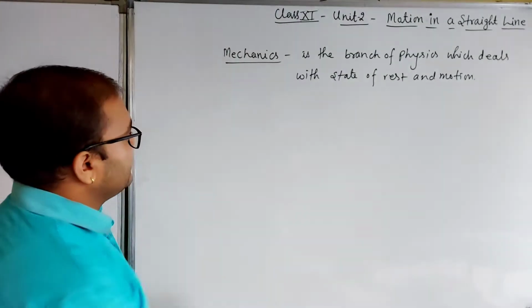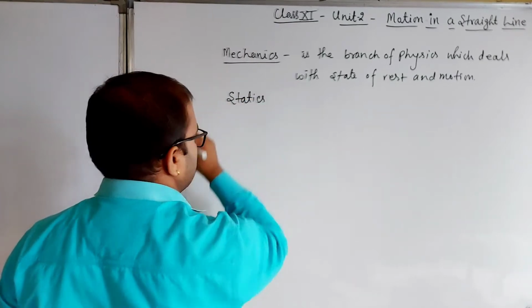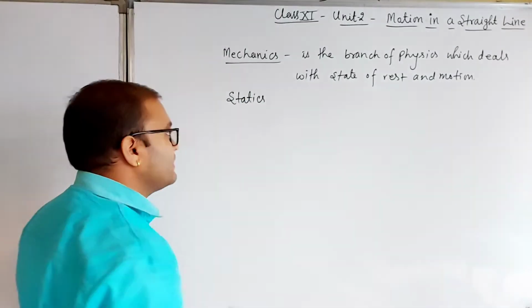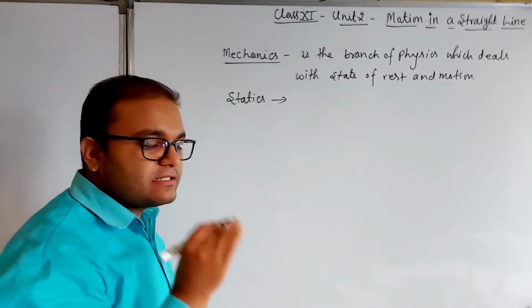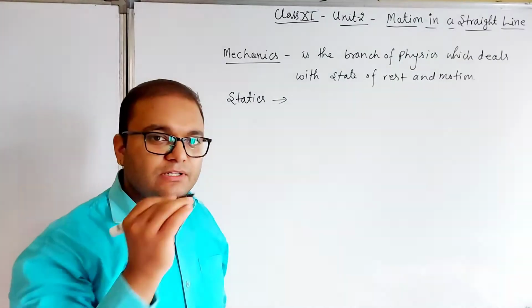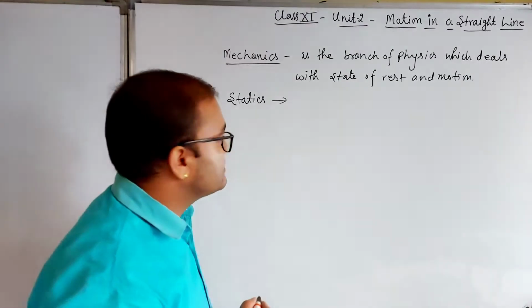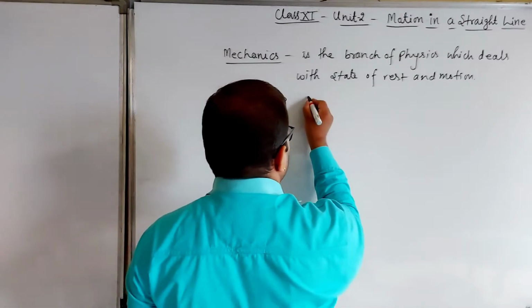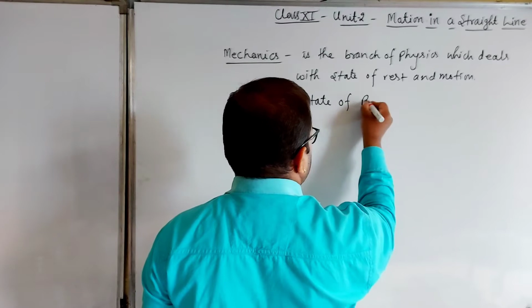Then we discuss statics. What is statics? Statics is the branch of mechanics in which we study the rest position of the object, means equilibrium position. So in this way state of rest is discussed.